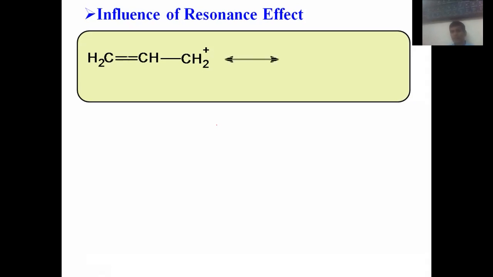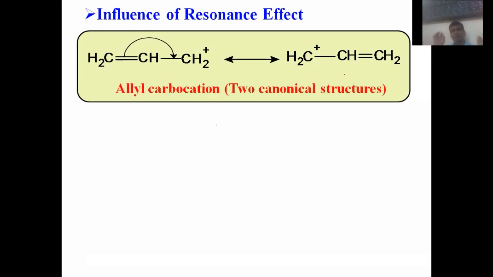This pi bonded electron pair goes towards the electron deficient carbon. Means this pi bond undergoes breaking, and there is a formation of a new bond between these 2 carbons, while that first carbon now acquires a positive charge. And due to that delocalization, that allyl carbocation is more stable. Therefore this is more stable. Generally, if there is a delocalization, then those carbocations are more stable.